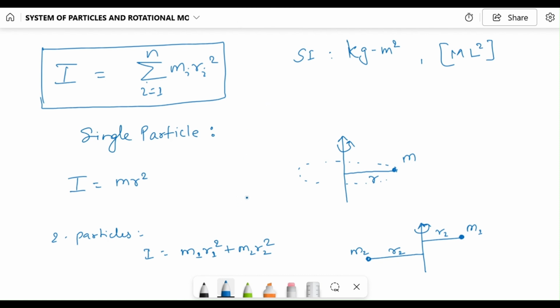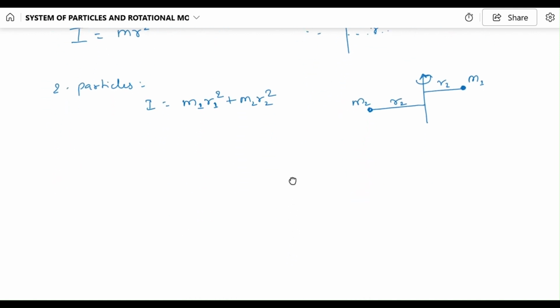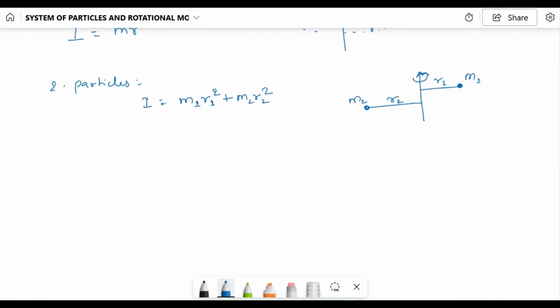Here I would like to make some comments on this moment of inertia. Look, this moment of inertia depends first on mass. Second, on position, meaning its distance from the axis of rotation. As this position depends on the axis of rotation, it will depend on the choice of axis.